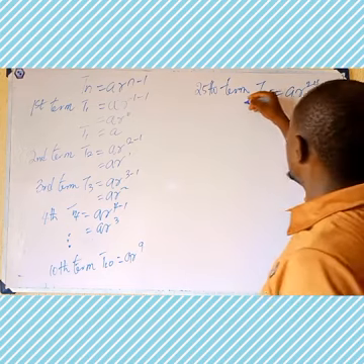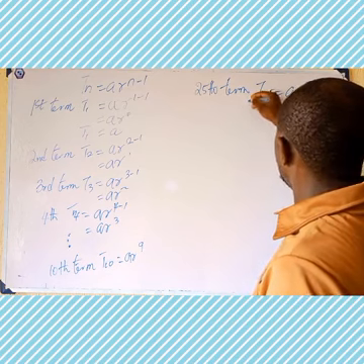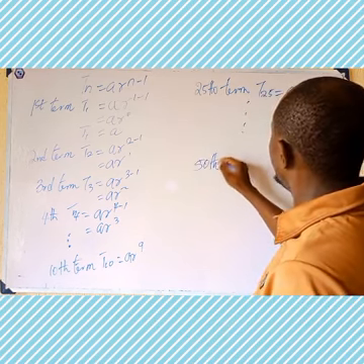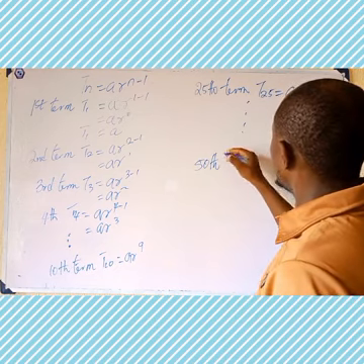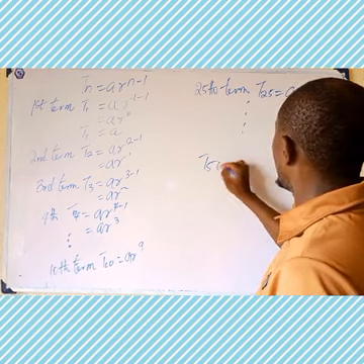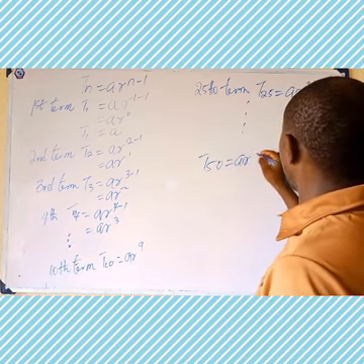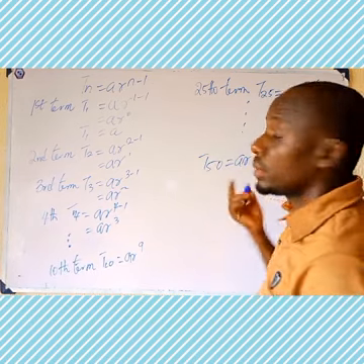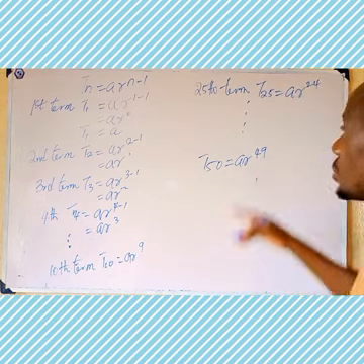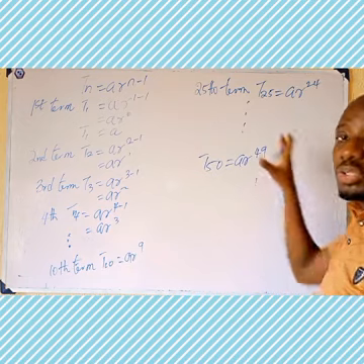So if they say T50, or the 50th term, you can easily give ar raised to the power what? Guess 49, right? So it's just n minus what? 1. So you need to understand how to generate this.